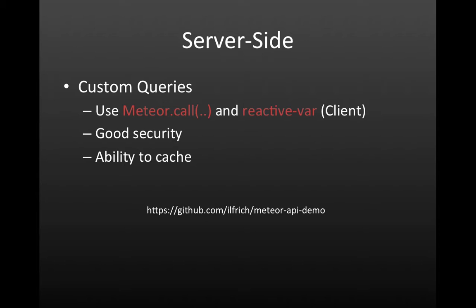The advantage of that is you have a lot of security, where you never trust the client. If the client sends some bad request, you can filter it out in your method on the server side, where the client can't manipulate it anymore. And you can also make sure that the client is actually allowed to see the data, which means permission checks. Additionally, you have the ability to cache.